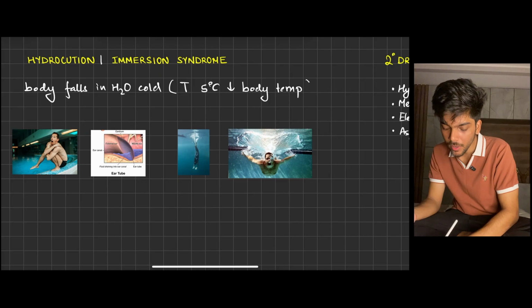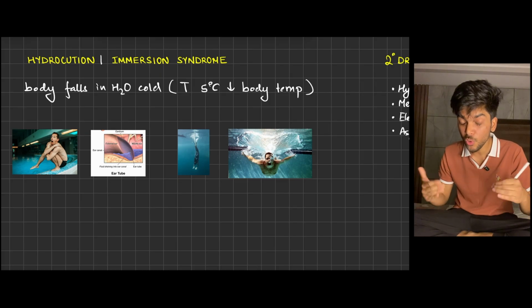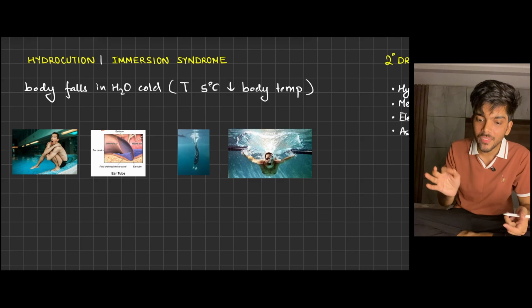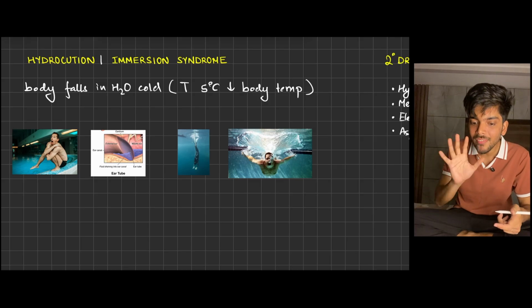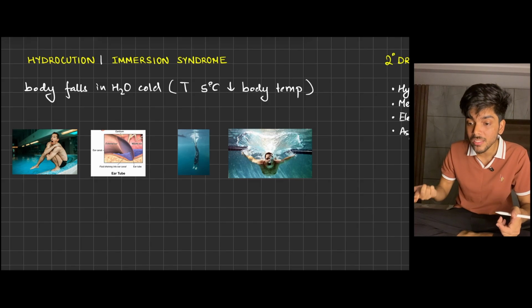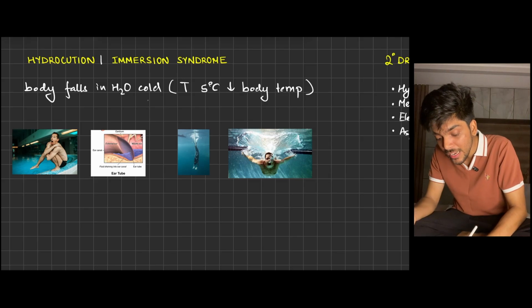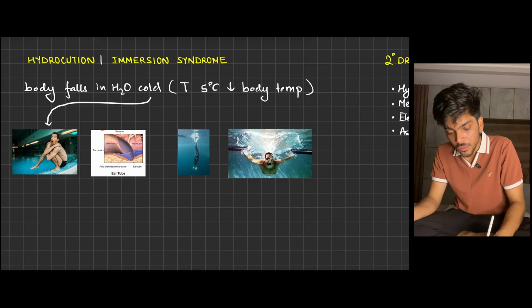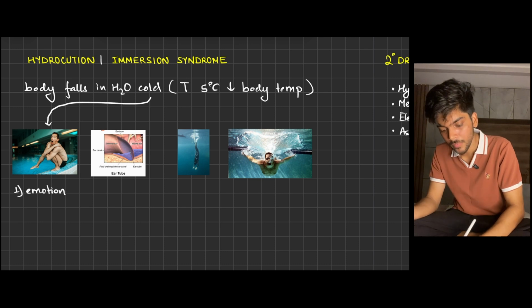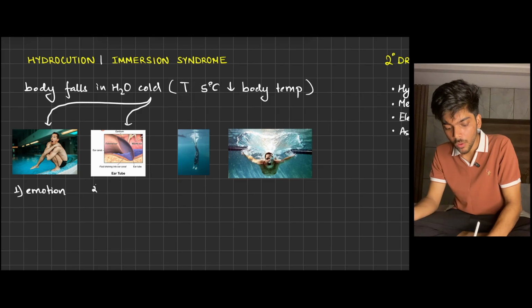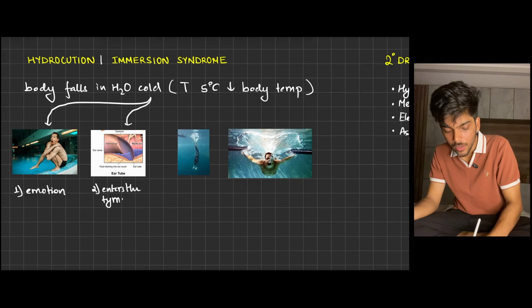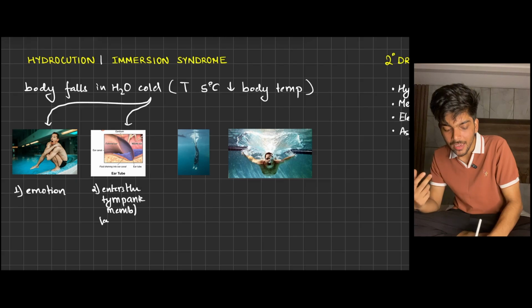So when someone jumps into cold water, and the temperature of that cold water is at least 5 degrees Celsius less than the temperature of that person's body, it can lead to the following consequences. So let's say first, the person is emotional, right? Second, the water enters the tympanic membrane, or it enters the larynx, or it enters the pharynx.